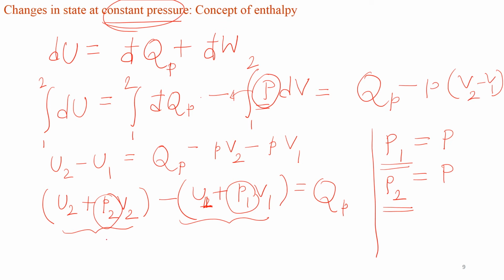So, we can define a new term, H2 minus H1, where H is nothing but U plus PV.